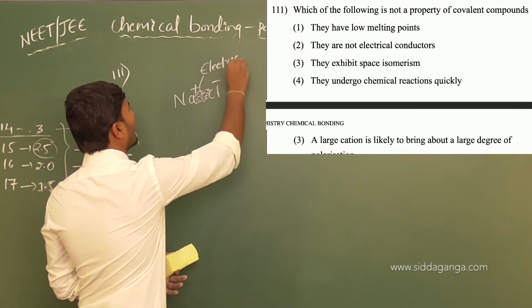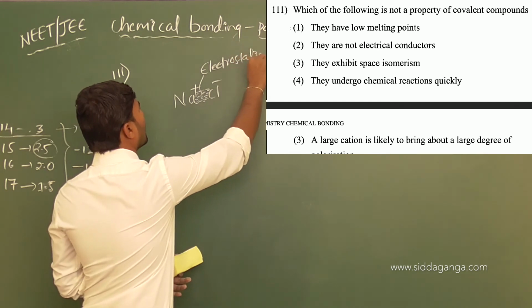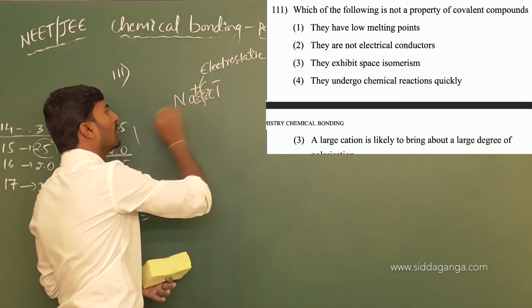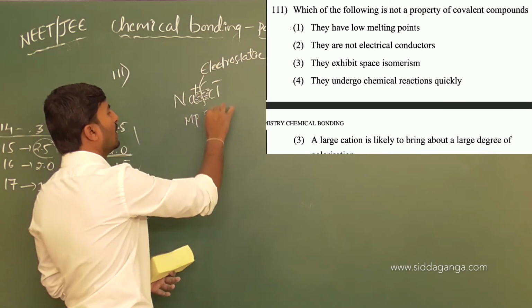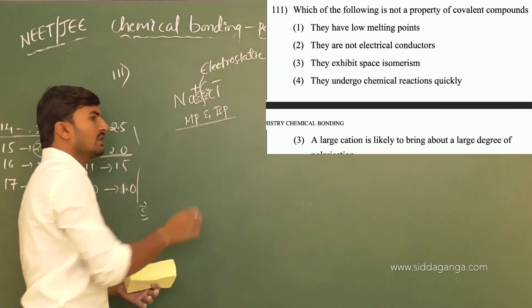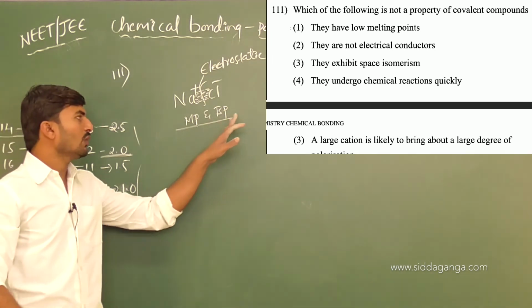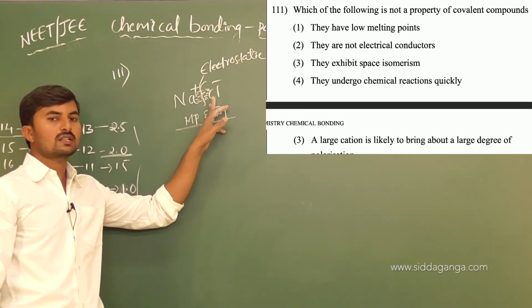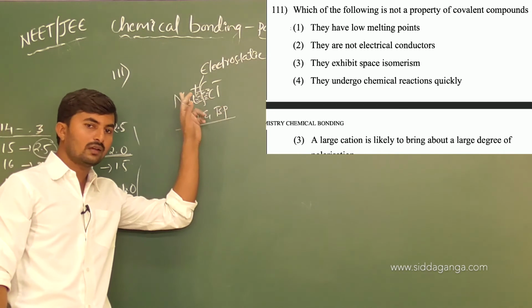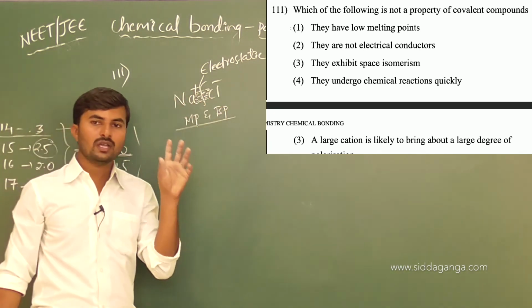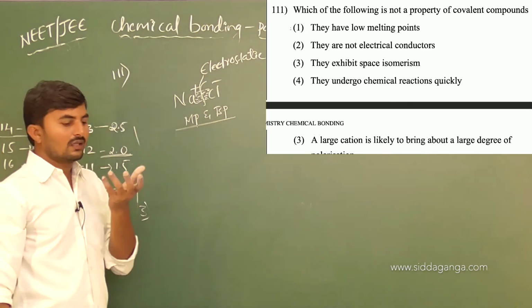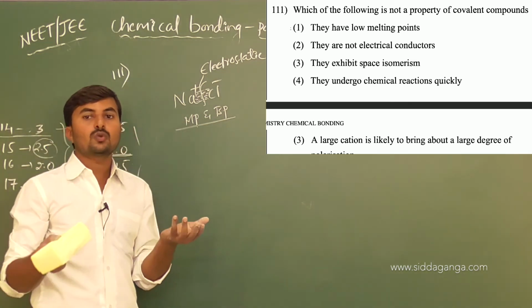To break this force of attraction, we have to apply more energy in the case of melting point and boiling point. In the form of melting point and boiling point, an excess amount of energy is utilized for ionic bonds, but covalent bonds possess lower melting points because they are formed between two non-metals.